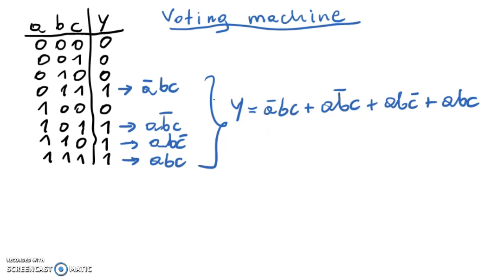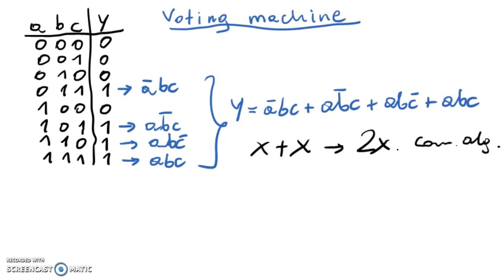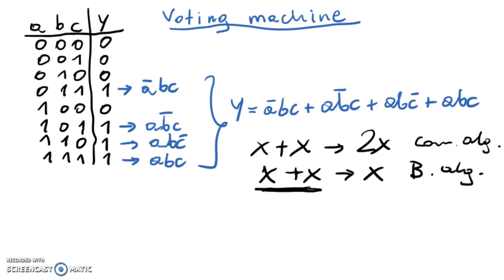And of course, a similar thing can be done as in common algebra. When you find in the expression x plus x, you can replace it by 2x. It is common algebra. Similarly, in Boolean algebra, if you've got something like this, please don't make a mistake. I hope you know that it is simply x in Boolean algebra. So you can simplify the sum by a single x if you find it.